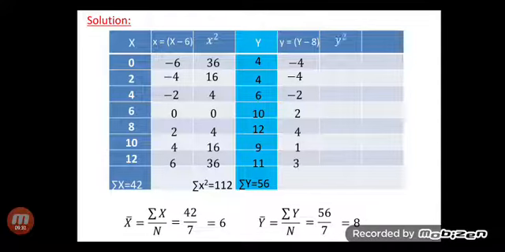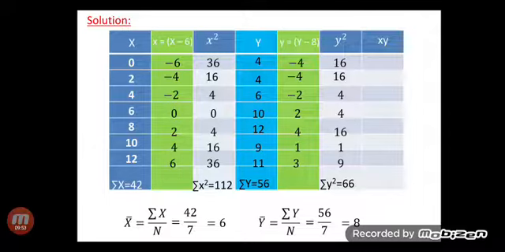Now we calculate the square of deviations, that is y square. So 4 square is 16, again 16, 2 square is 4, 2 square is 4, 4 square is 16, 1 square is 1, 3 square is 9. So summation of y square is 66.